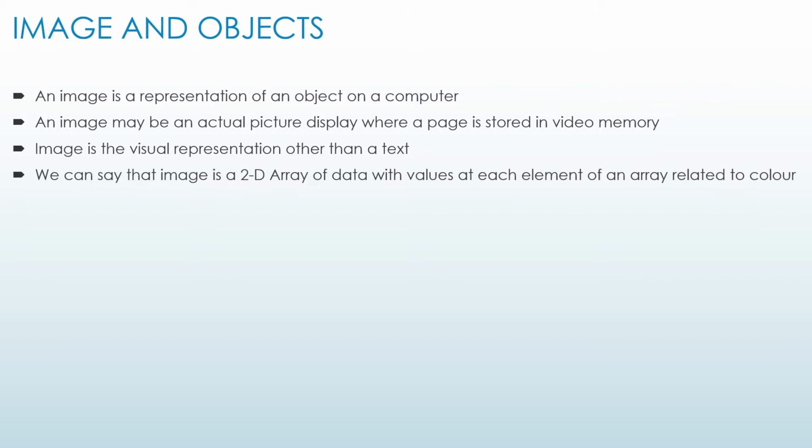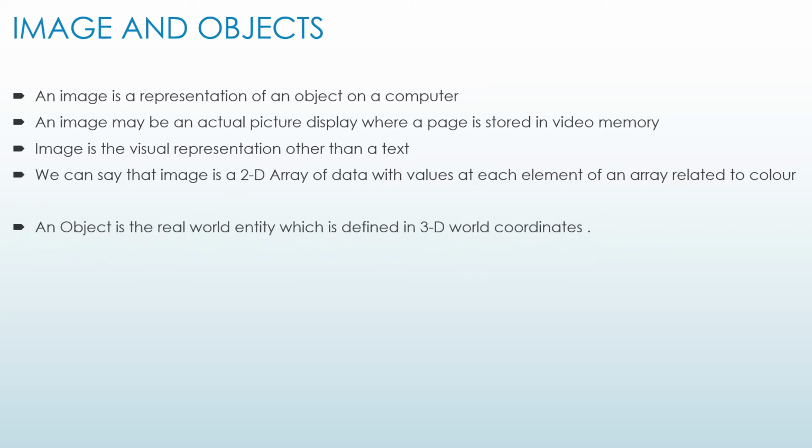Visual means what I can see. Even you can say, sir, text I can also see, but what is the difference? Text is in written format. This is a video, or a watchable format. Here, all the images are stored in a two-dimensional array, which has rows and columns to be specified. That is what an image is.